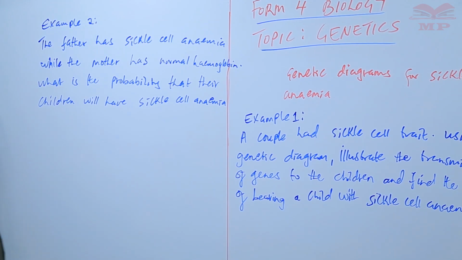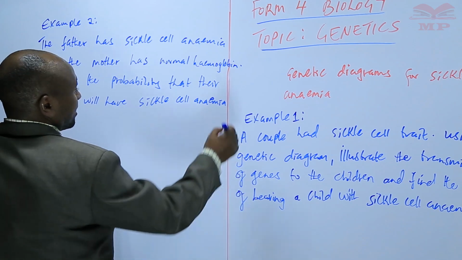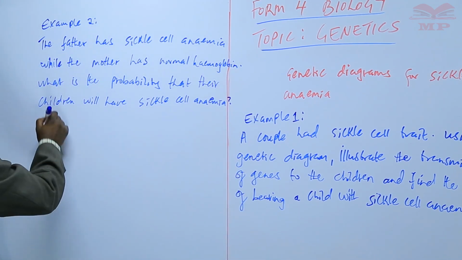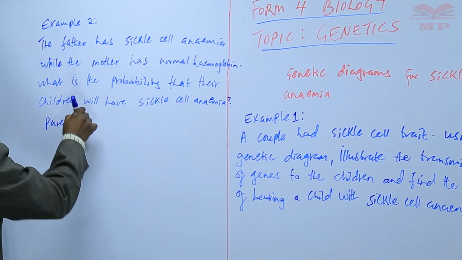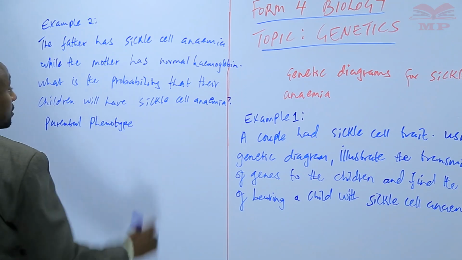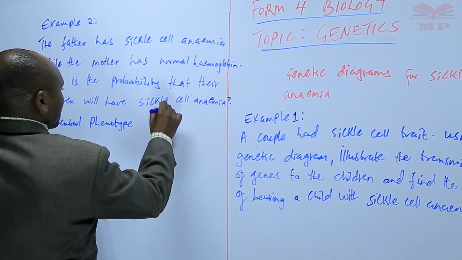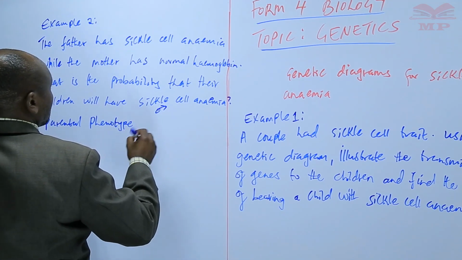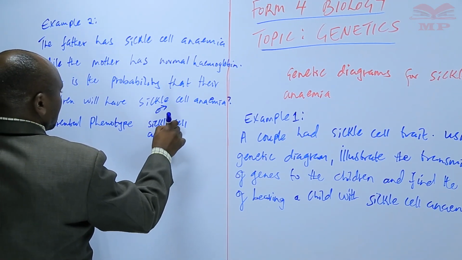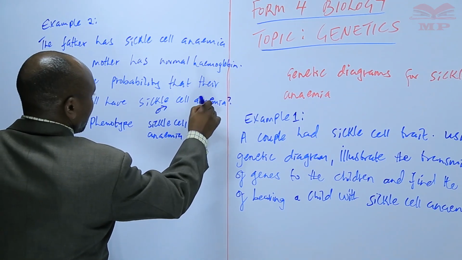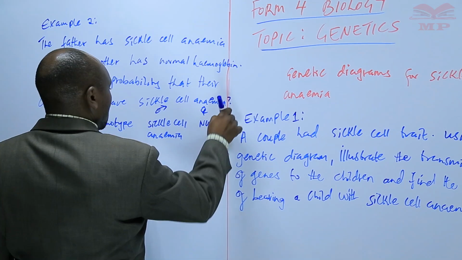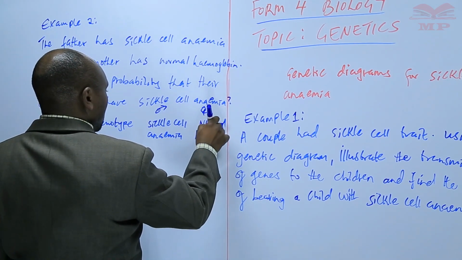What is the probability that their children will have sickle cell anemia? So we do the same. We start with the parental phenotype. The father has sickle cell anemia and the mother has normal hemoglobin.